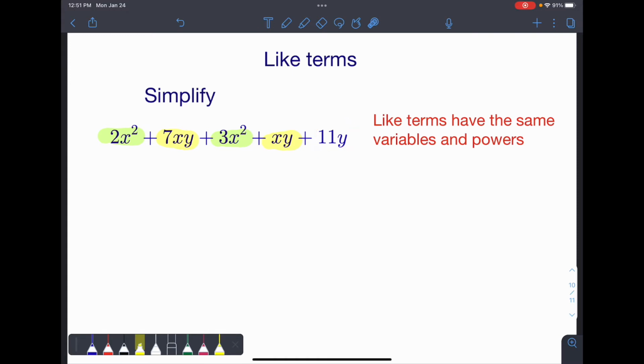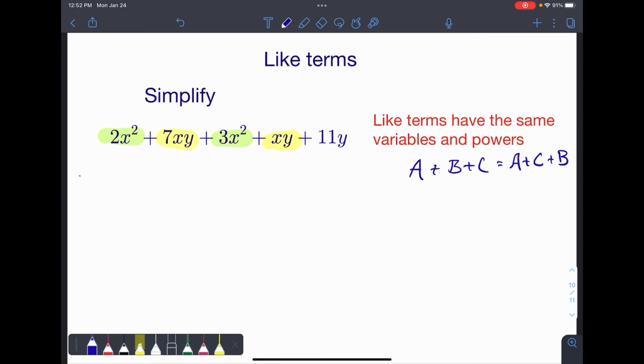Okay, so what do we do with this? Well, what we want to do with the like terms is to combine them. So for instance, I'm just going to use a rule which goes like this. A plus B plus C is the same as A plus C plus B. When we just have addition and subtraction, the order in which we add or subtract doesn't matter.